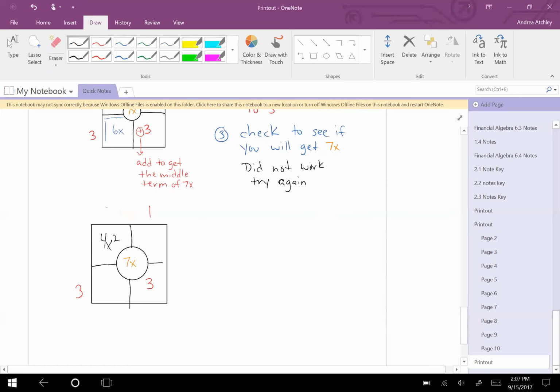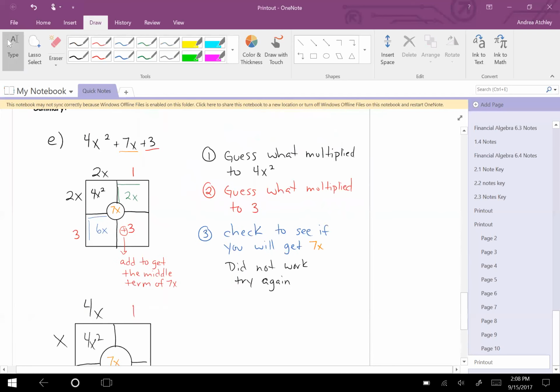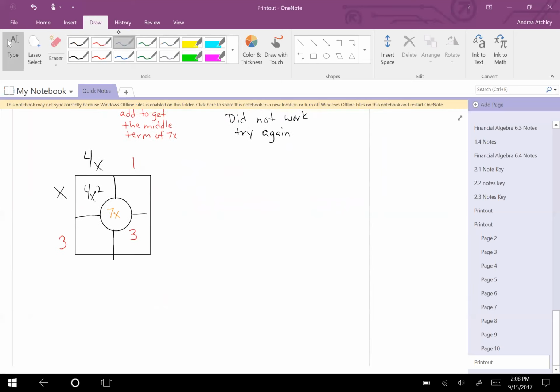I'm gonna put the 4x here and the x here. Okay, so we're gonna go through those steps again. I guessed to multiply to 4x, I'm guessing to 3, and now I'm gonna check to see if you get the 7x. So I'm gonna multiply the 1 times the x and get 1x.